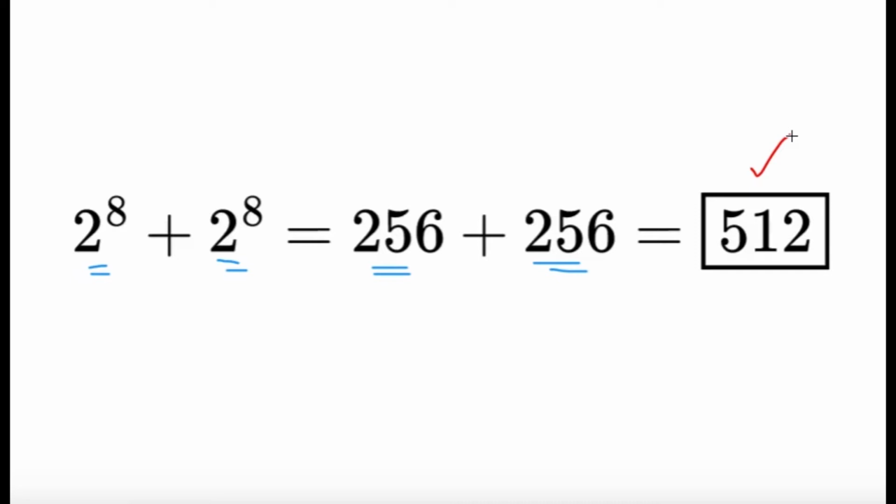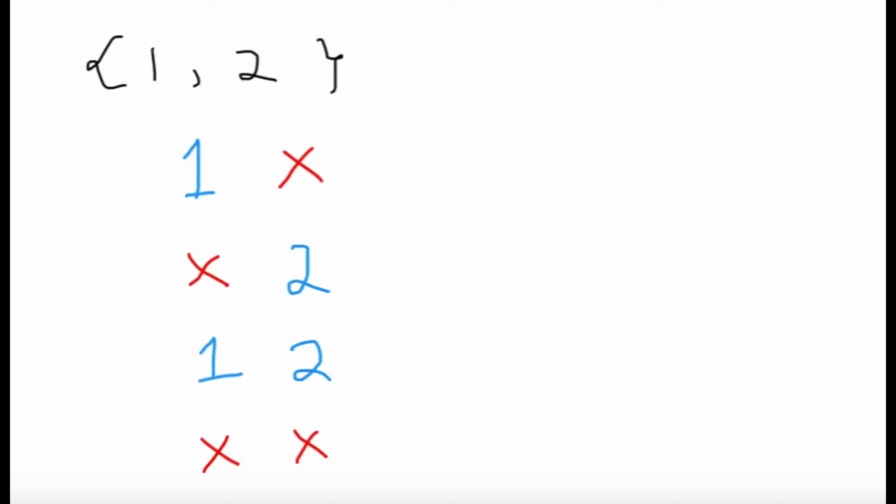Now, let's take a look at the alternative way to solve this item. Consider this. In all the possible subsets of the given set 1, 2 until 10, note that every subset will be exactly one of 4 possibilities. Either the set contains a 1 and doesn't contain a 2, or the set contains a 2 but not a 1, or the set contains both 1 and 2, or the set contains none of 1 and 2.